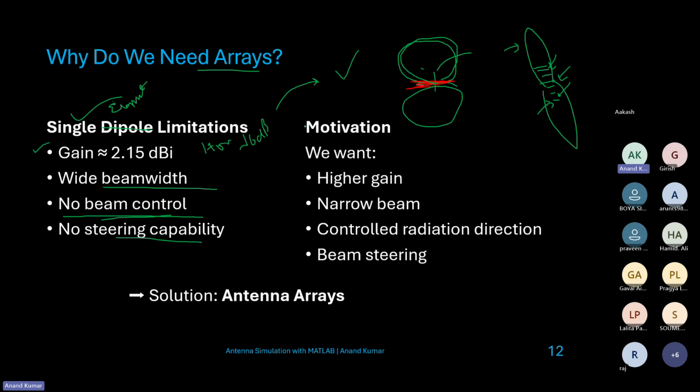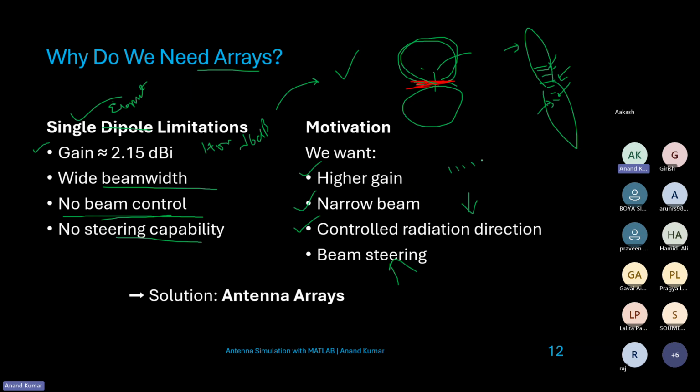And in antenna design we generally prefer a higher gain, a narrower beam width, and a controlled radiation direction, for which you can use a phased array and beam steering, where you keep changing the phase and you can keep scanning.